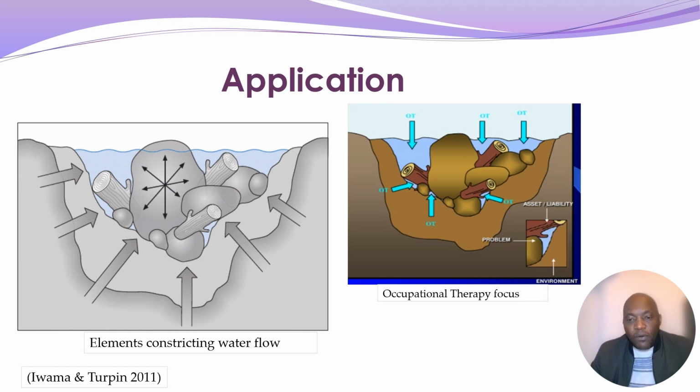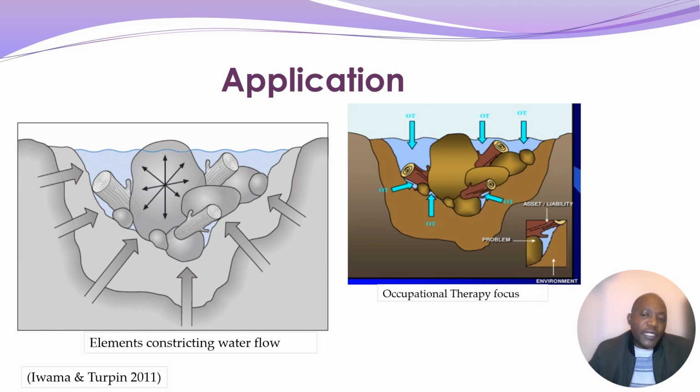So those are the elements that could constrict the flow. It might be that the flow is being restricted by the environment, which is represented by the bottom of the river and the sides of the river, or it might be that the flow of a person's life is being restricted by health conditions or strained relationships or any other factors that might hinder their occupational performance.